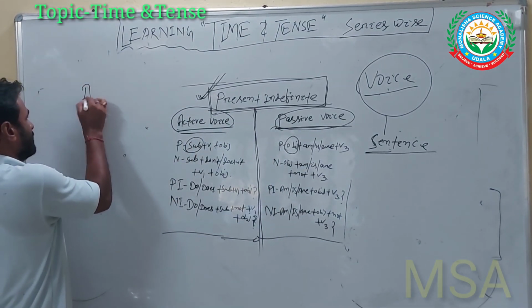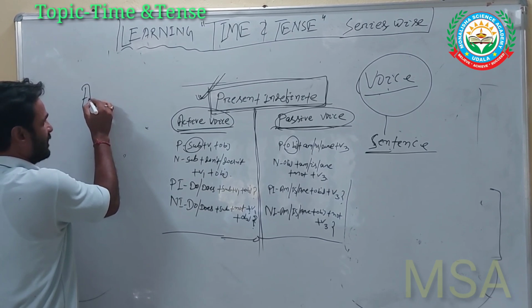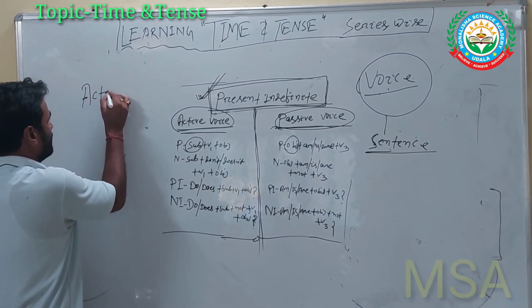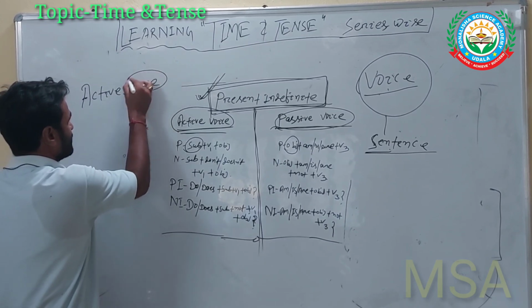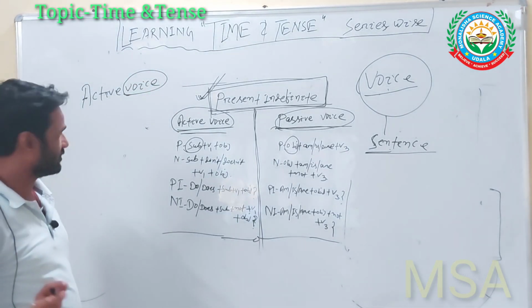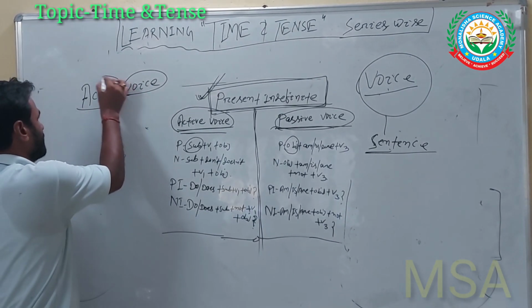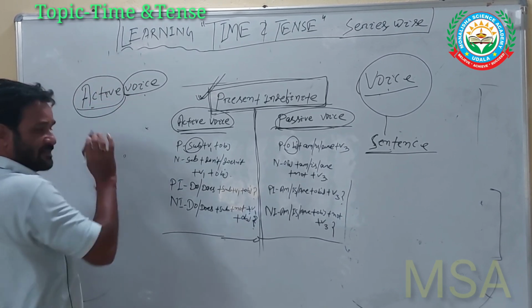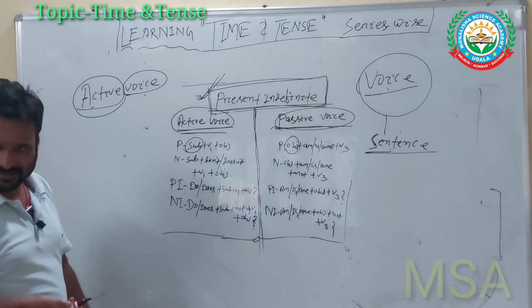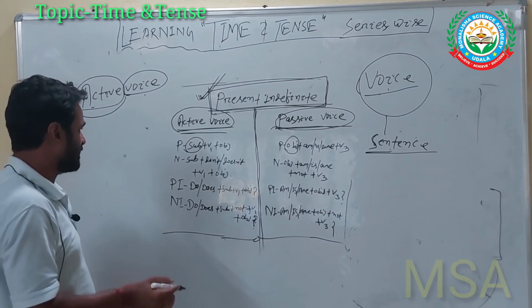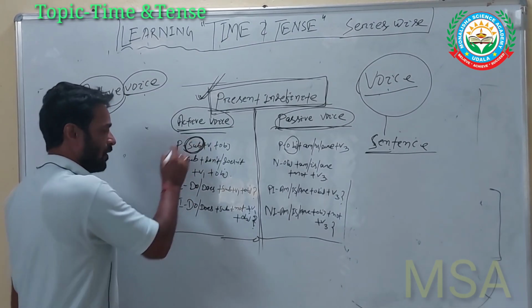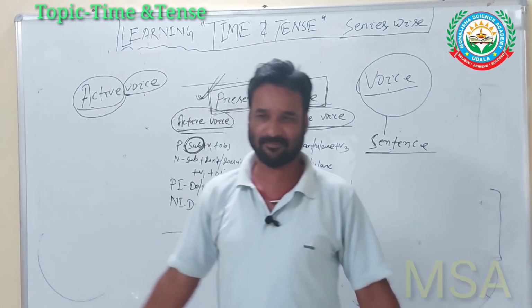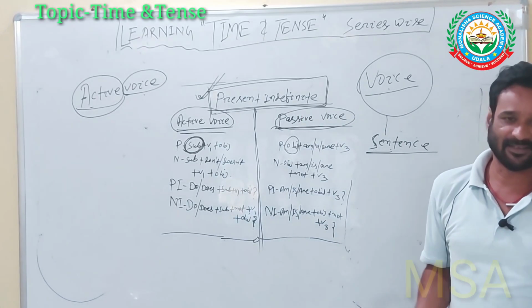Let me tell you one thing about active voice. Voice means sentence, as I have told you. Active means the active sentence. What is an active sentence? It means the subject is active. When you talk about an active person, what do you understand by it?